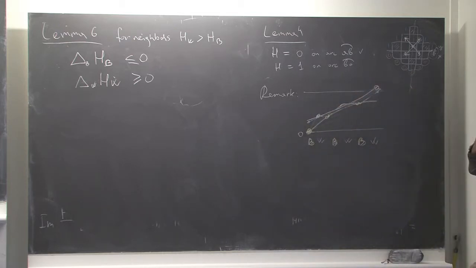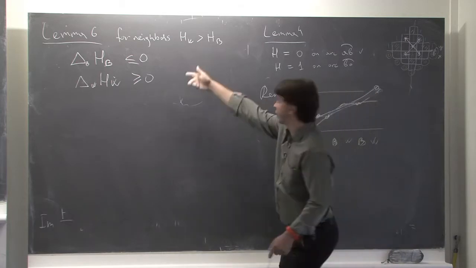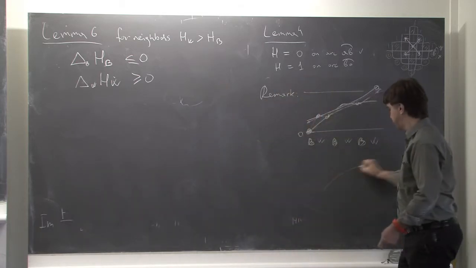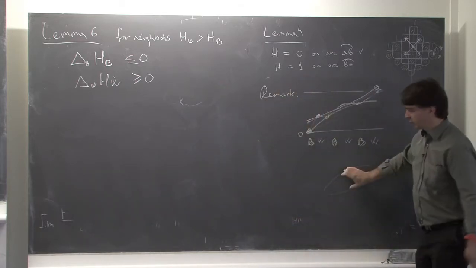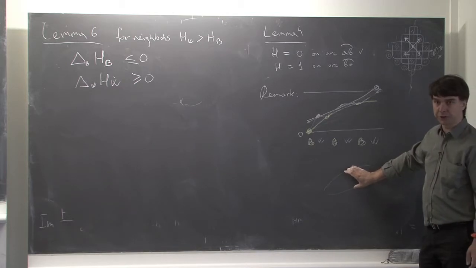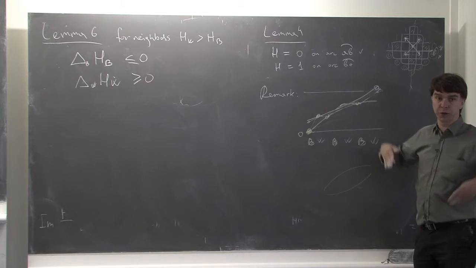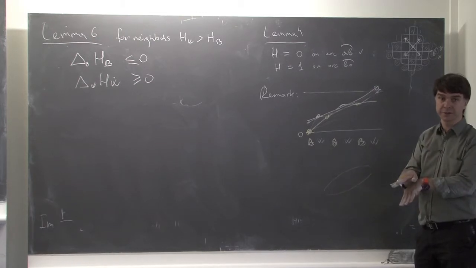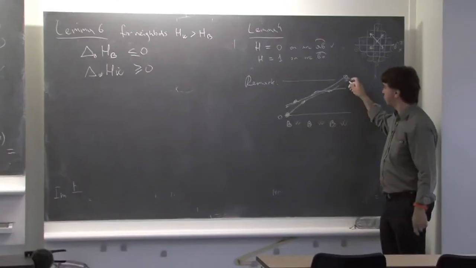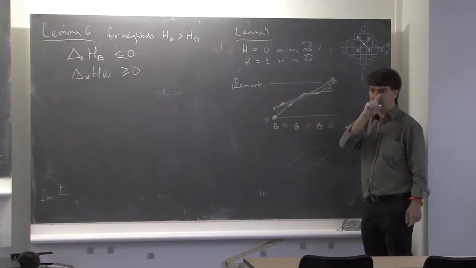So essentially, this also goes the nice way around. It could have been the other way around, and then we would have had two functions which might be very different in the middle. But here in the middle, they are closer than on the boundary, because one is concave, one is convex. So essentially, the maximum of the distance will be on the boundary.